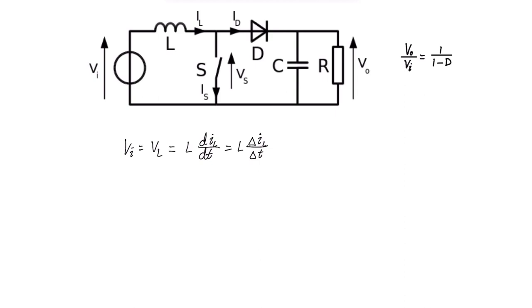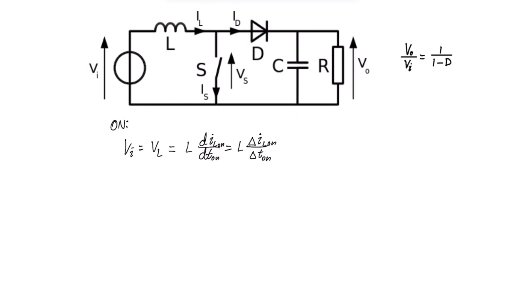So in this case, the time here, the change of time, is when it's on. So we just write that, and the change of current when it's on is that value. Okay, so this is when it's on.